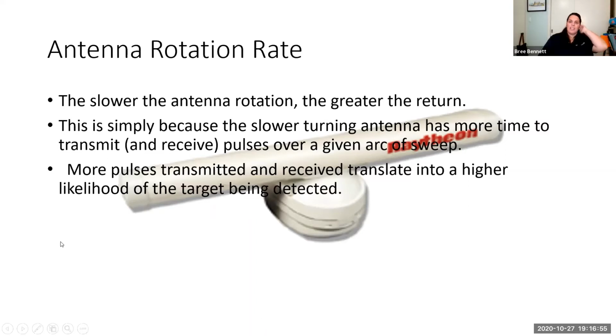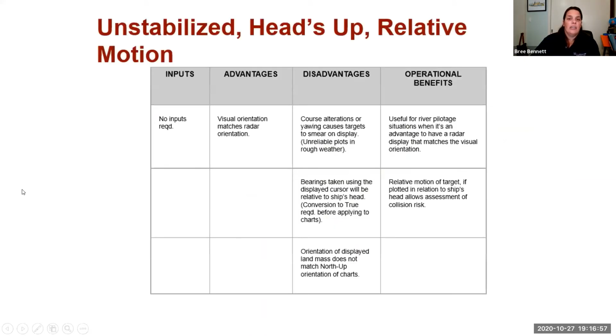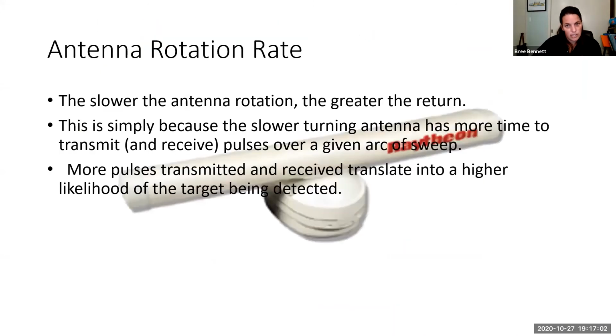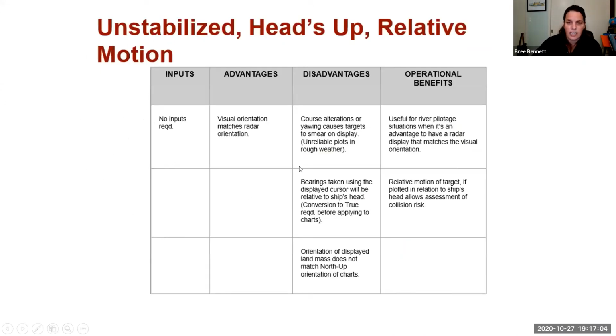Okay. Our next little slide here is, I don't think it could quite be in this PowerPoint, but I'm going to talk about it anyways. There are two ways to set up your radar.